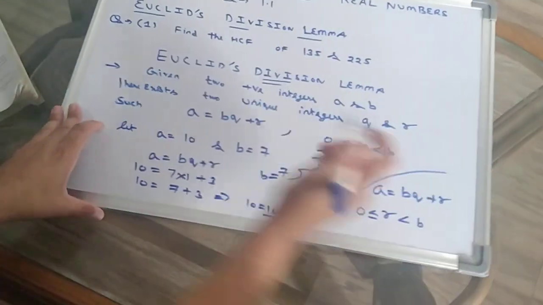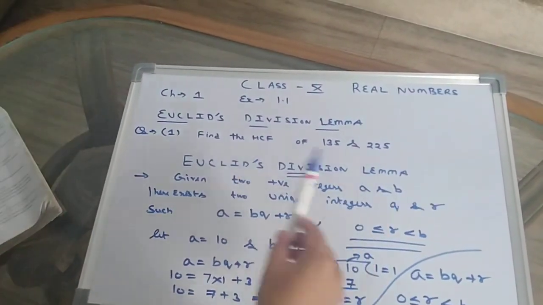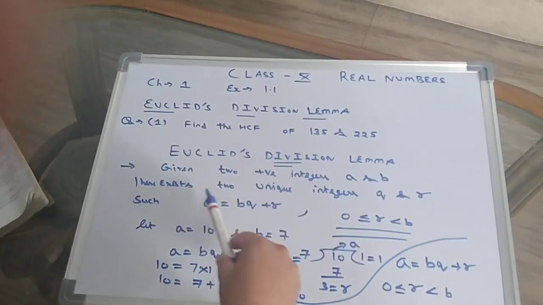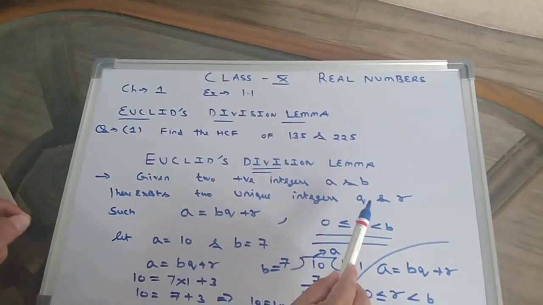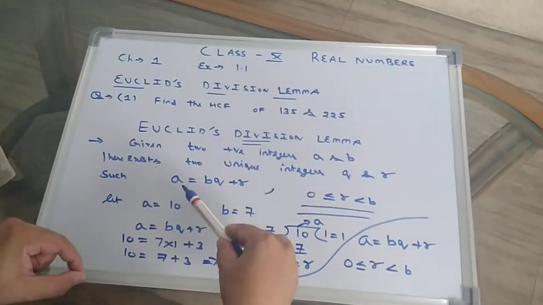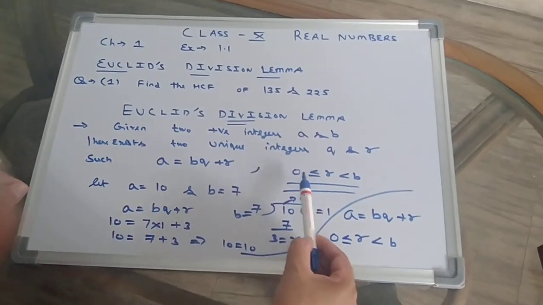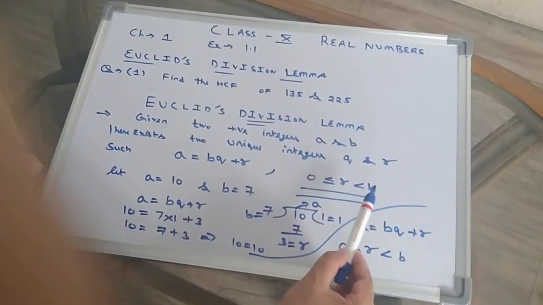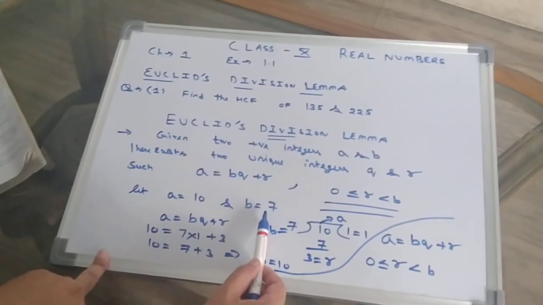Now again I explain the Euclid division lemma to you. Its definition is, given two positive integers a and b, there exist two unique integers q and r. We will definitely get two unique integers q and r, such that a is equal to bq plus r, and the remainder will be 0 or greater than 0, but it must be less than b. For example, a is equal to 10, b is equal to 7.